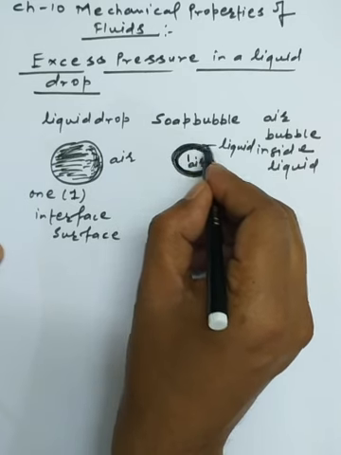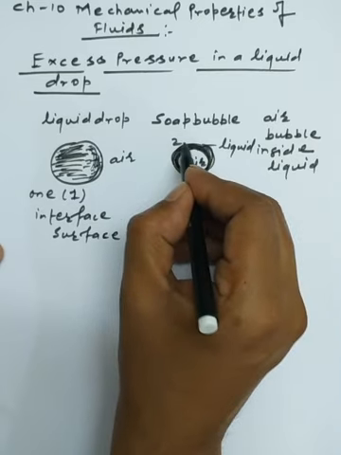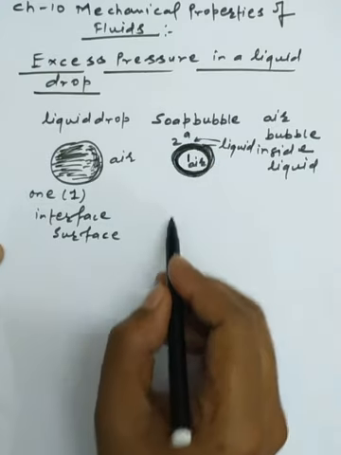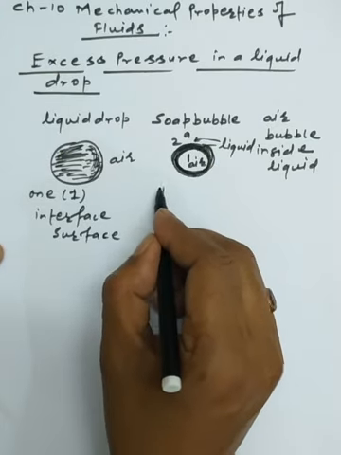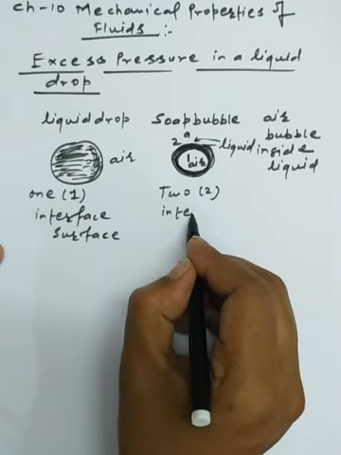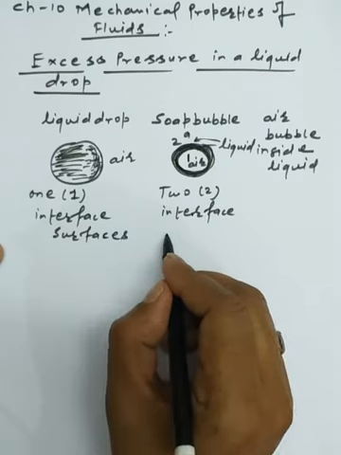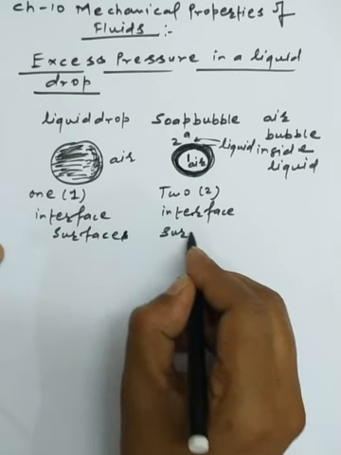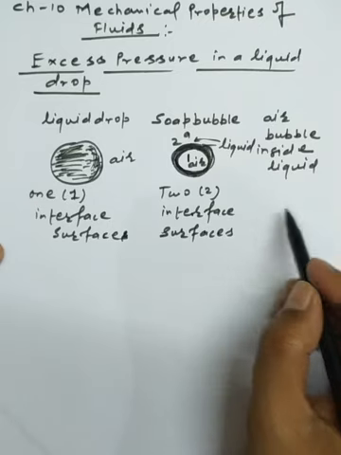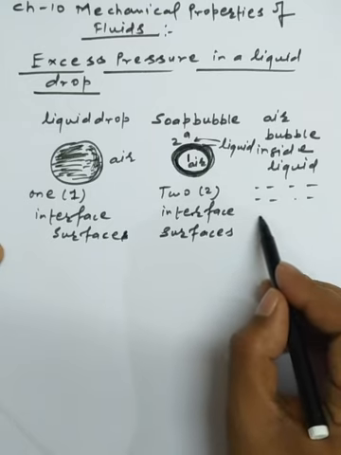This is the one interface surface, and this is the second interface surface, in which the air is there and the liquid is there. So here we have two interface surfaces.